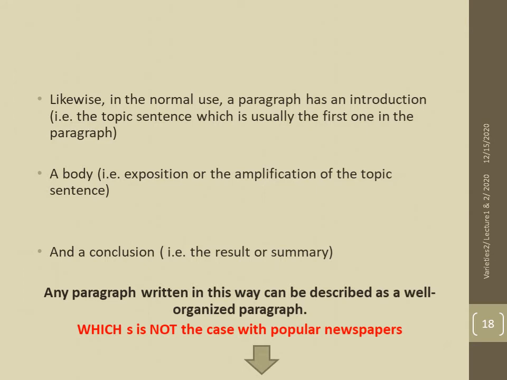Any paragraph written in this way can be described as a well organized paragraph, which is not the case with popular newspapers. Popular newspapers are not organized in this pattern. Let's look at how popular newspaper paragraphs or texts are organized.